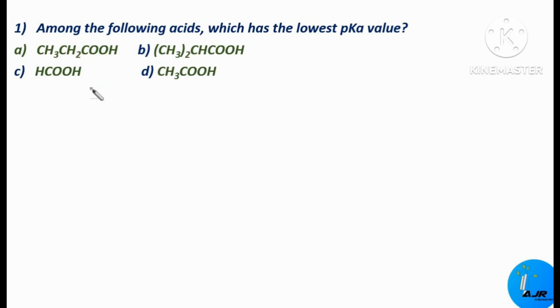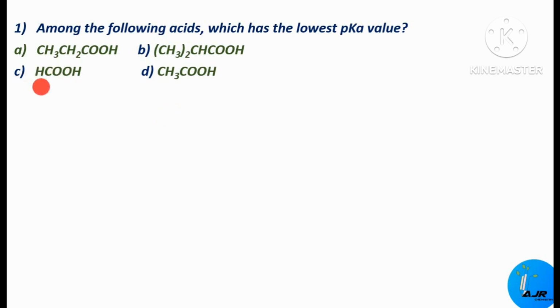In all the acids except formic acid, that is HCOOH, all are having alkyl groups. See, these alkyl groups are electron repelling groups. Since they are electron repelling groups, they decrease the acidic strength of an acid. Understood?